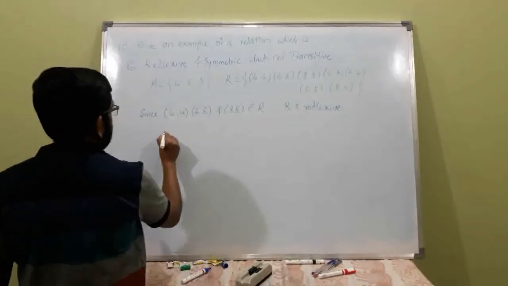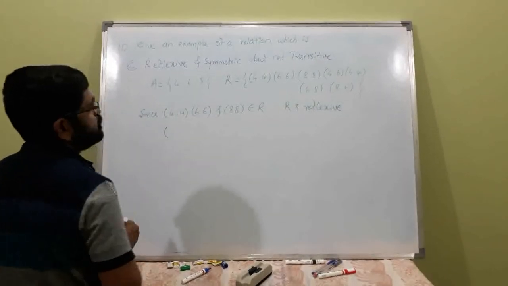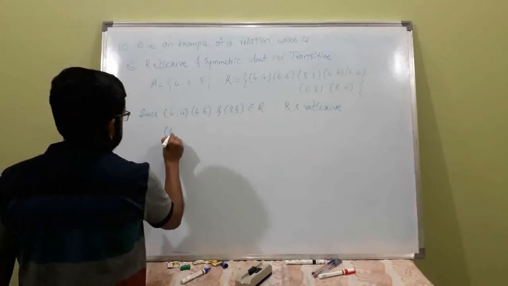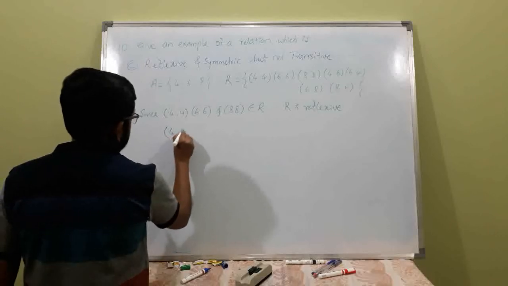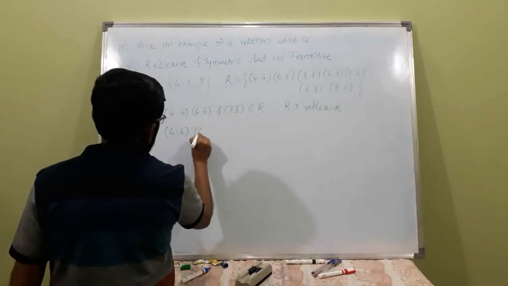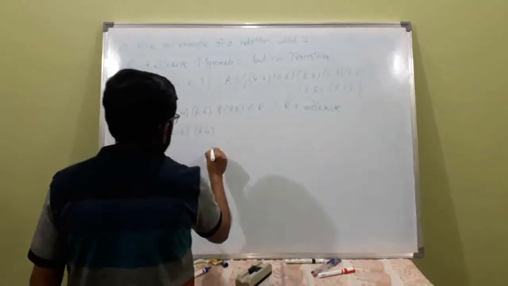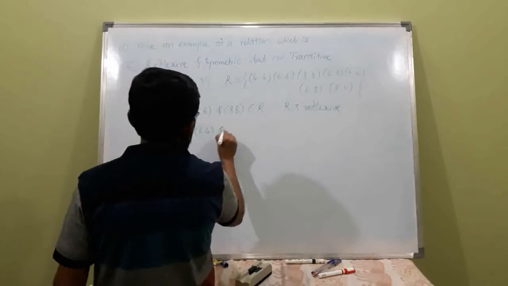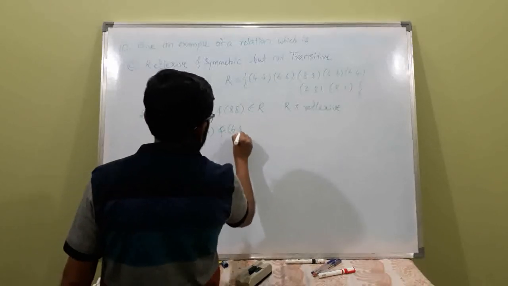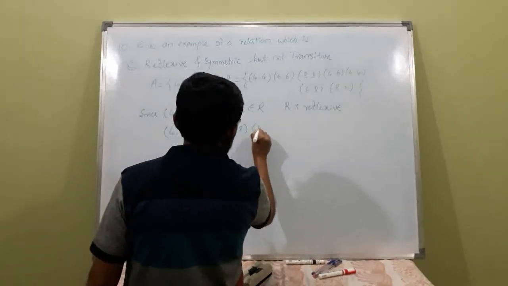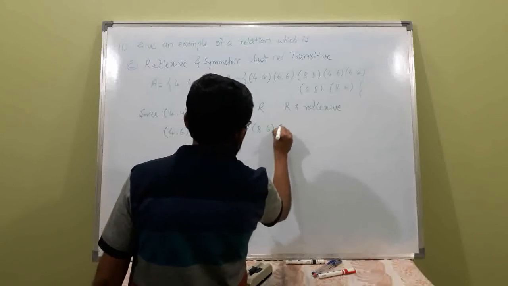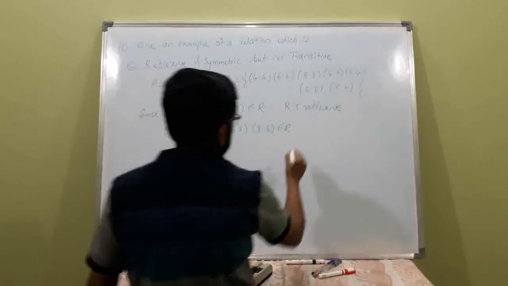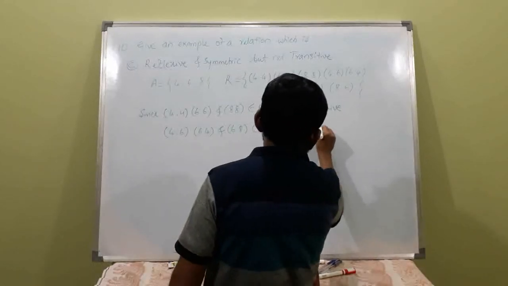And (4, 6), (6, 4) and (6, 8), (8, 6) belong to R, so R is symmetric.